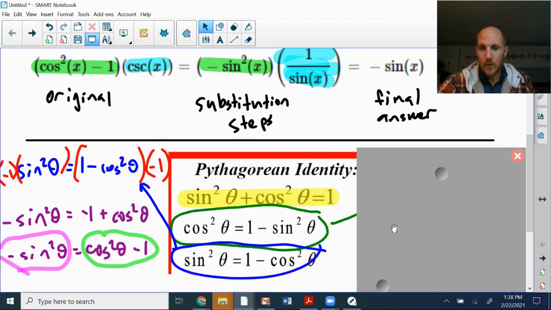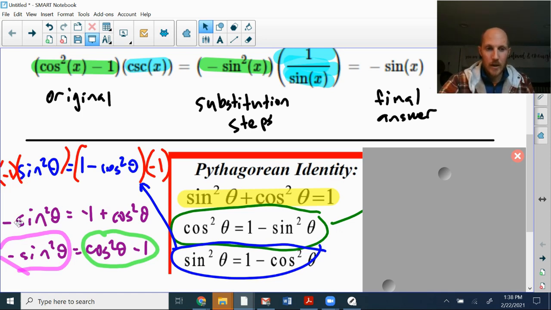Alternatively, we could have arrived at the same place from my list of Pythagorean identities if I take the one circled in blue that's got 1 minus cosine squared of theta, which is maybe closer in visual appearance to what I'm looking for, except the 1 and the cosine squared have been subtracted in the wrong order. So a different approach would be to take what I circled in blue here and do a different bit of algebra, take both sides of that equation and multiply by negative 1.